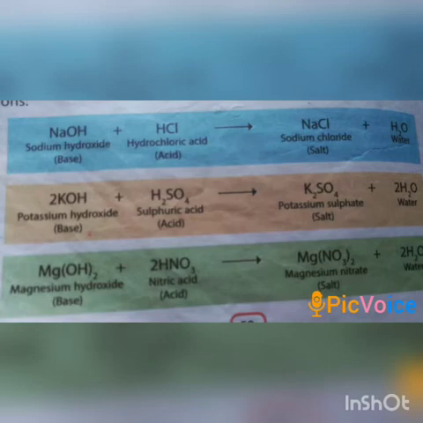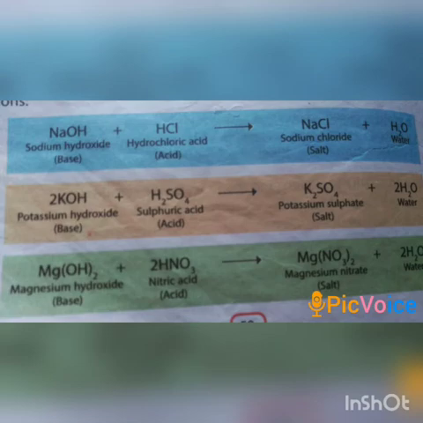Now, students, the next topic of this chapter is neutralization reaction. You have already studied it in the previous chapter when you studied different types of reactions. Now, again, we have to study it in this chapter.